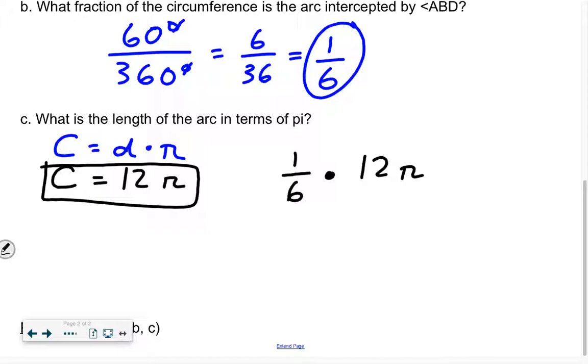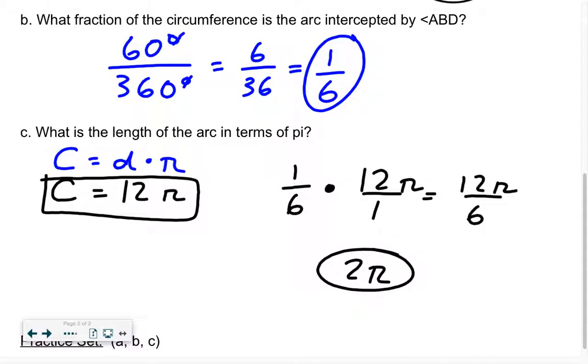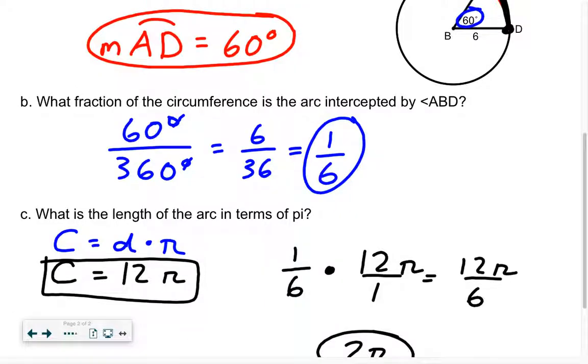You take the 12 pi and divide by 6. If you want, you can put it over 1 and view it this way as well. But in the end, that arc length is going to be 2 pi units long. And again, that's using the fraction of the circle that we had to work with.